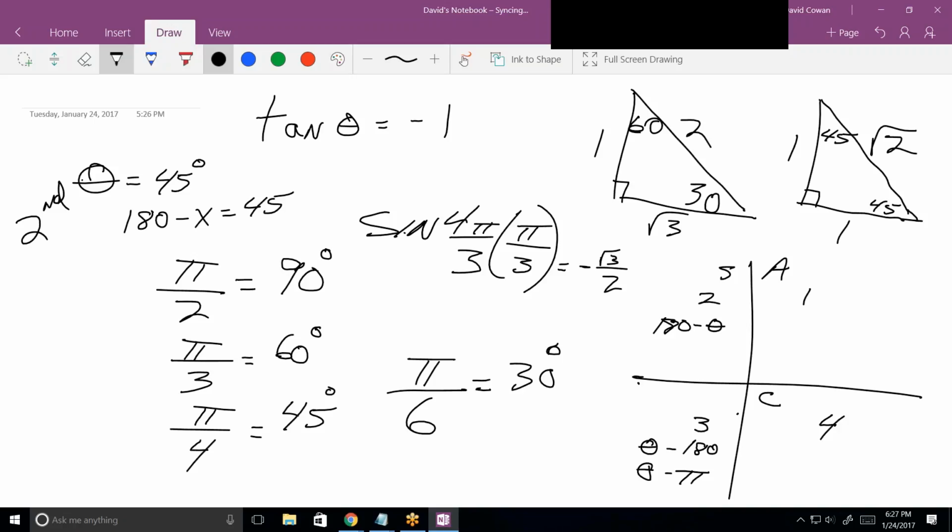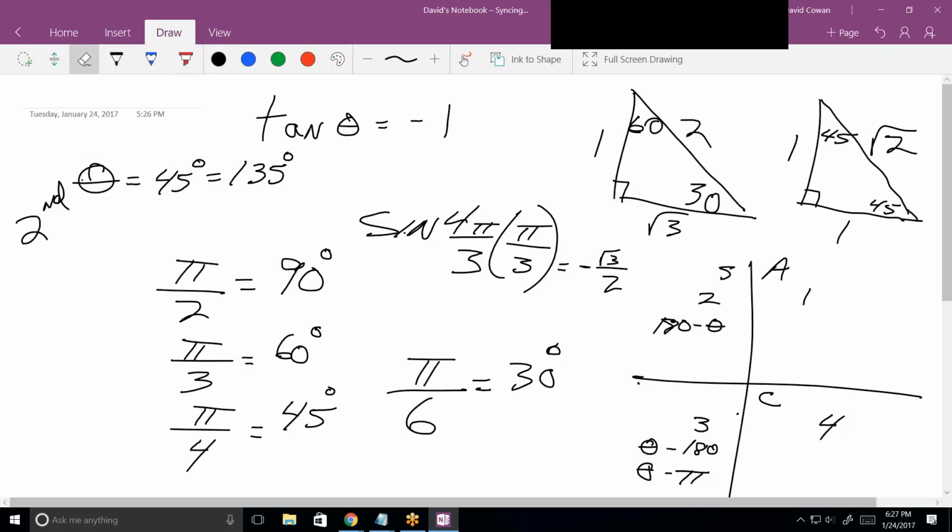Solve that equation, you get an x of 135. So the second quadrant angle of 135 has an equivalent first quadrant angle of 45. It's also in the fourth quadrant.